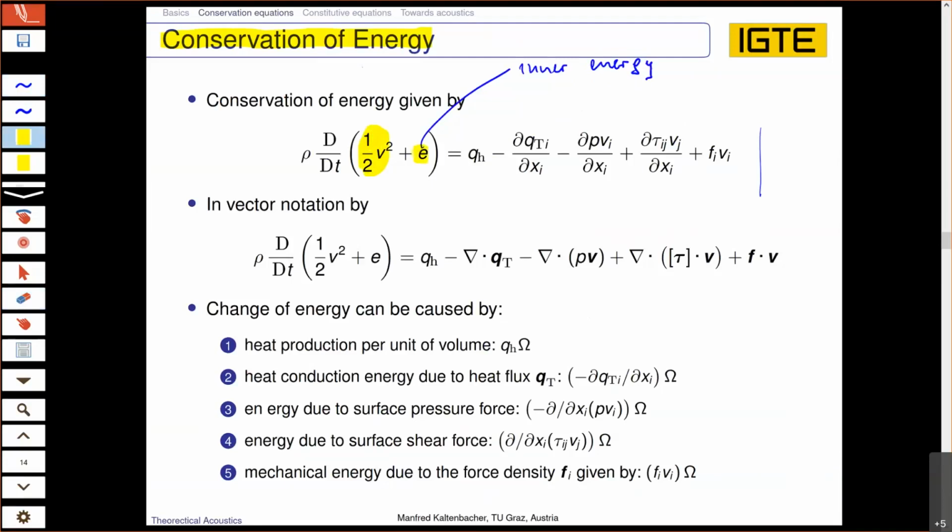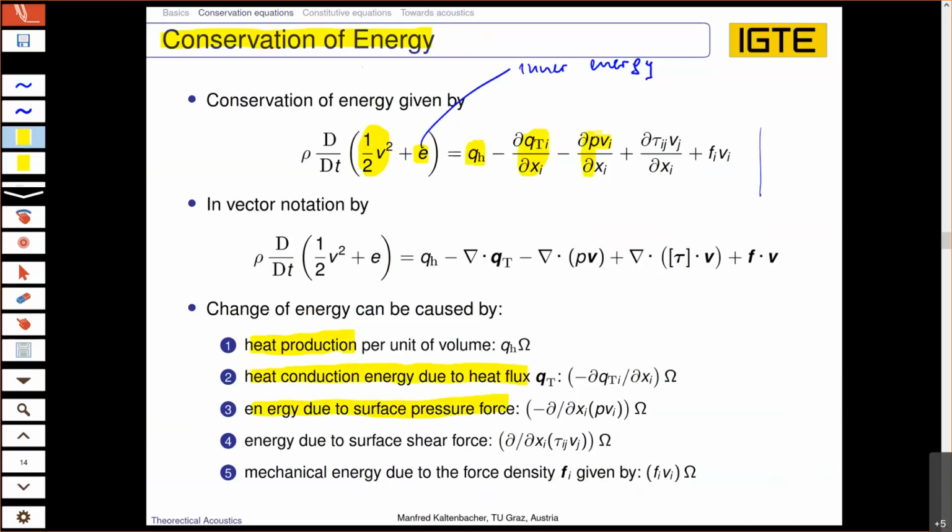And you can see it is balanced here by different terms. One is the heat production term, which is here. The other one is the change of the heat flux, so heat conduction energy due to the heat flux, which we have here. Then the energy due to the surface pressure force, which in our case is the derivative of the product between the pressure and the velocity.